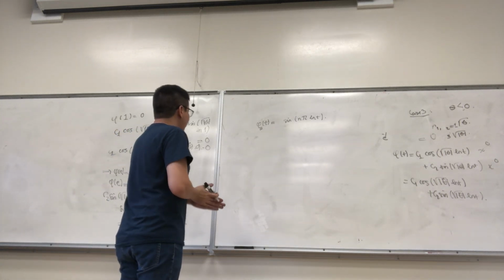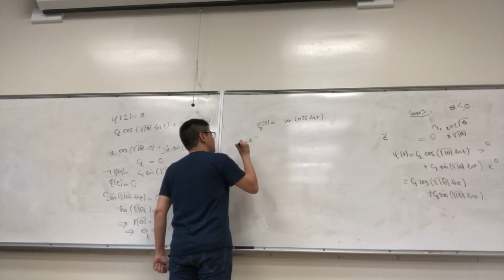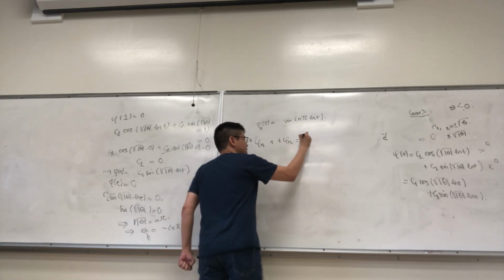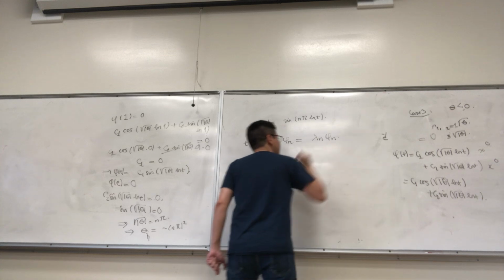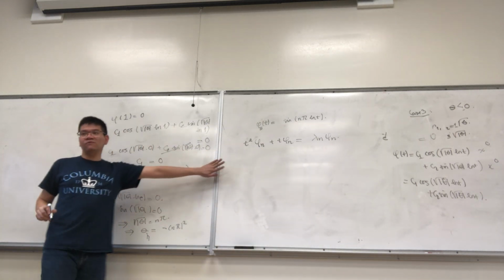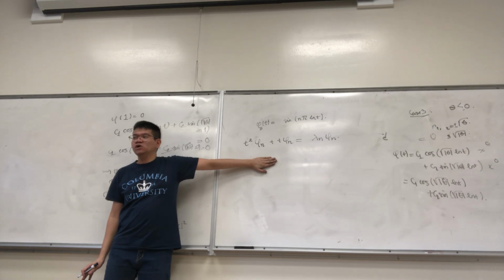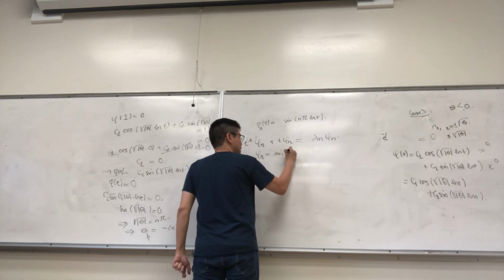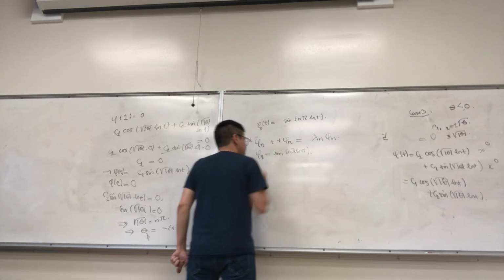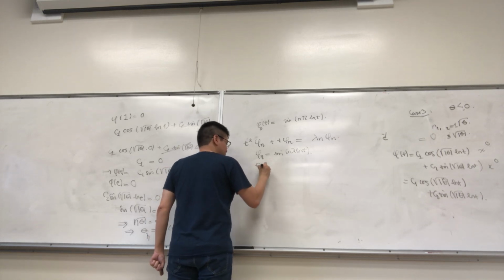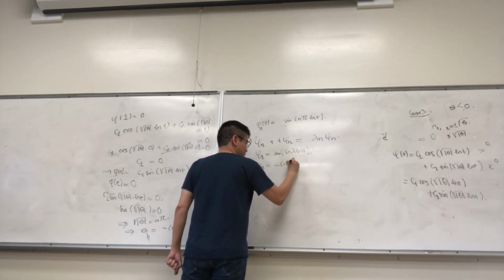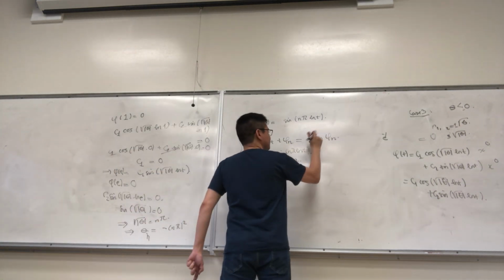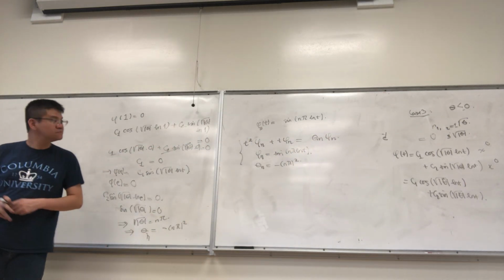So so far what I solved is the following. t squared phi n double prime plus t phi n prime is theta n phi n. So far what I did is that I found the solution for this equation in which phi n is sine of n pi log t, and theta n is minus n pi squared.